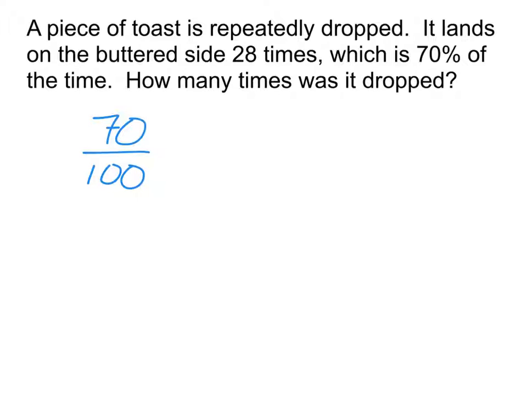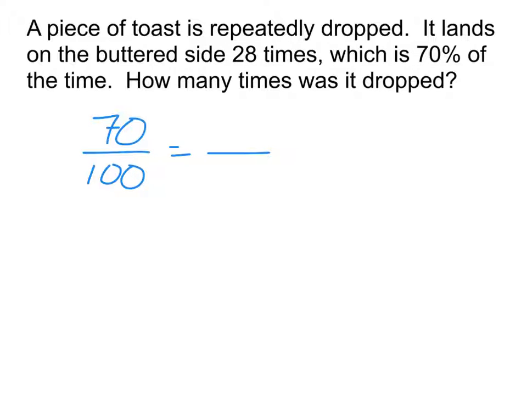So when I write 70 over 100, that's like a part over the whole. I want to set it up as a proportion. The 28 here, is 28 the part? Like, is it the same thing as the 70%? Or is it the whole?